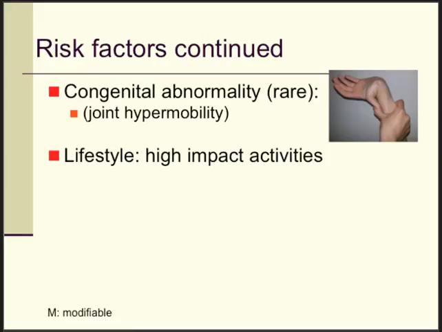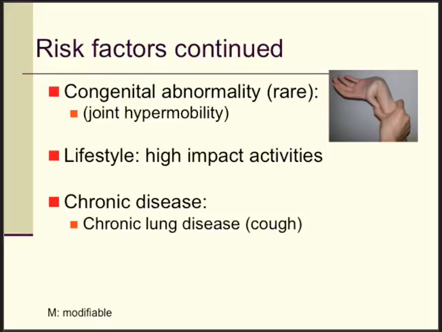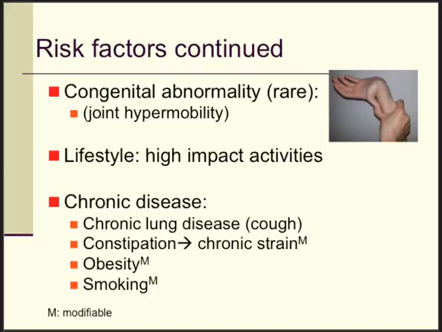Lifestyle, high impact activities in particular, and some chronic conditions such as chronic lung disease, chronic cough, and constipation, which result in chronic strain when opening bowels, have a negative effect on the pelvic floor anatomy. Obesity can be addressed, and smoking. All are risk factors for pelvic organ prolapse.